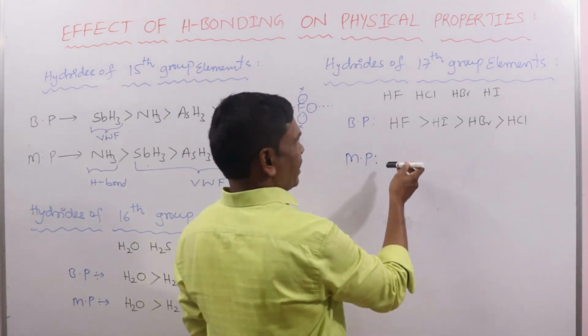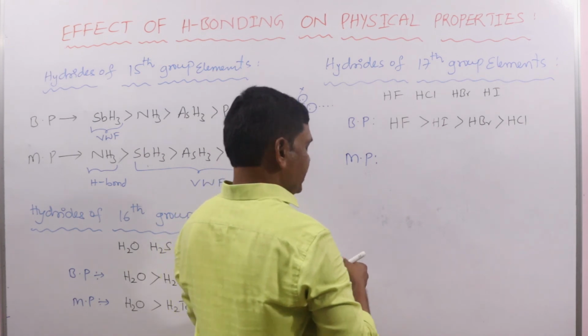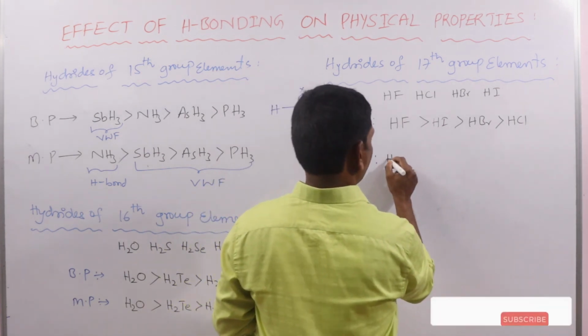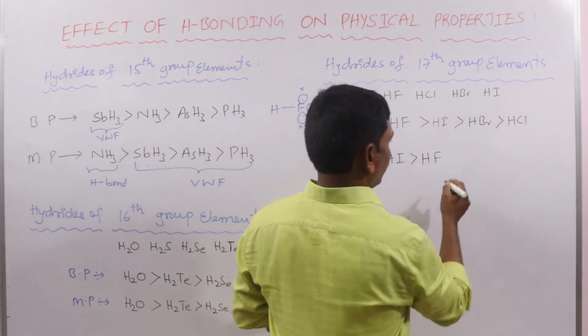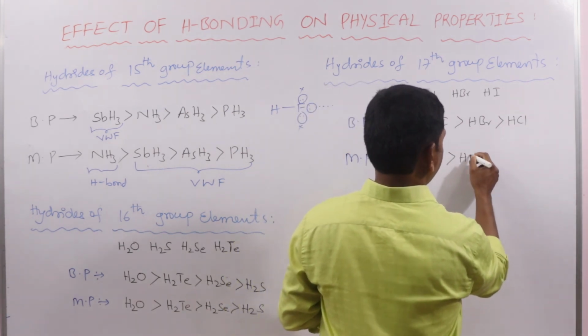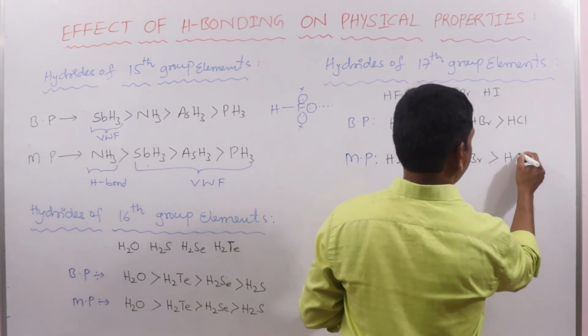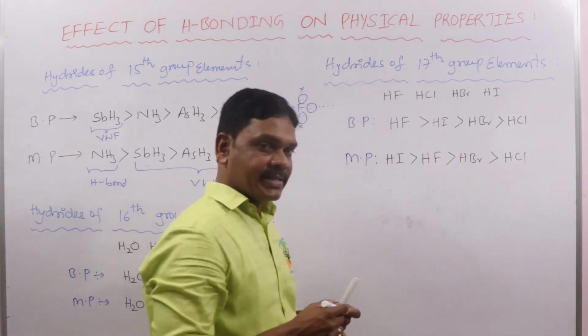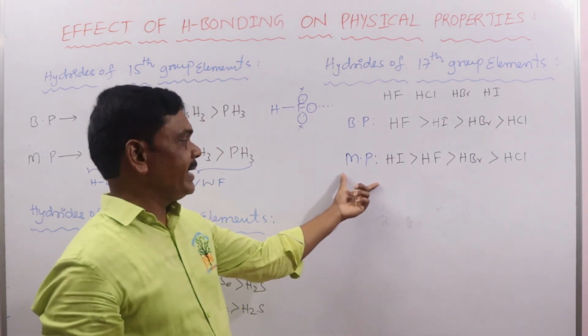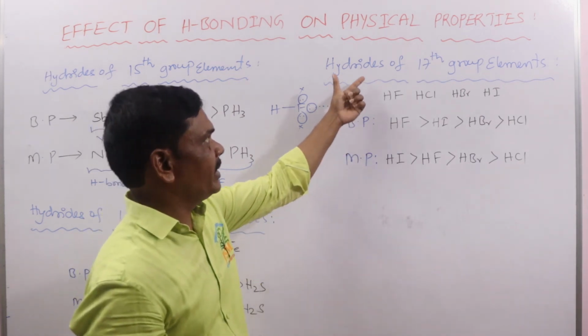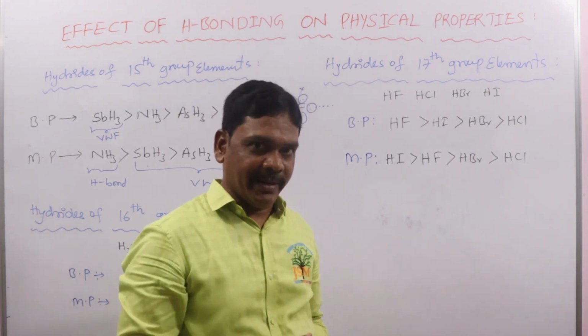Okay, so now the order of melting point is what? As usual, it is hydrogen iodide greater than hydrogen fluoride greater than HBr greater than HCl. So now this is the order of melting point, and the previous one is the order of boiling point of hydrides of 17th group elements.